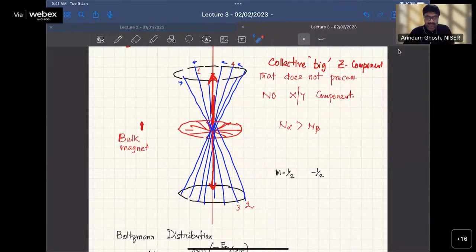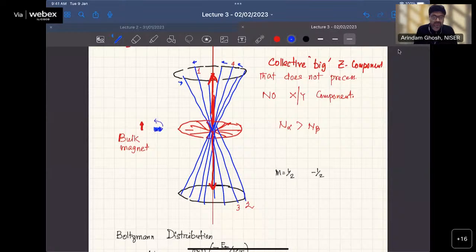So for that, I need to first tip this particular bulk magnet, not the single magnet, the bulk magnet, out of the Z axis to the XY plane. If at any point of time this bulk magnet, instead of the Z direction, points towards the X direction, like this, a small one, let it be a small one, but now it is at least pointing in the XY direction, then what will happen?